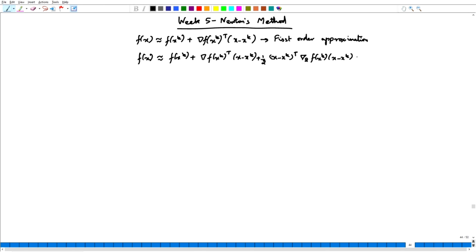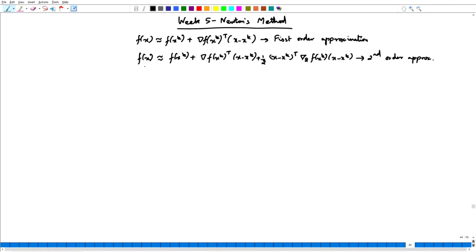Yeah. So, this is the second order approximation. So, Newton's method is going to be constructed using the second order approximation instead of the first order approximation. That is the very basic difference between the earlier methods and the Newton's method that we are going to discuss today.